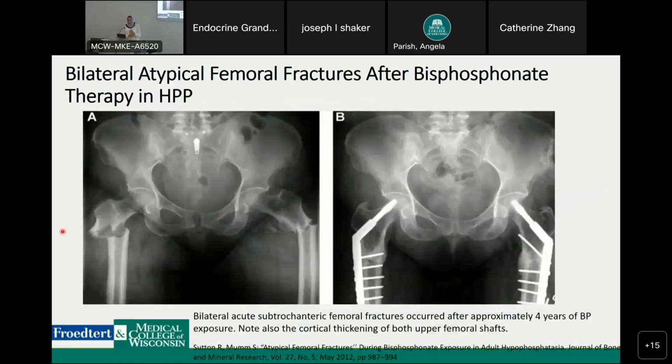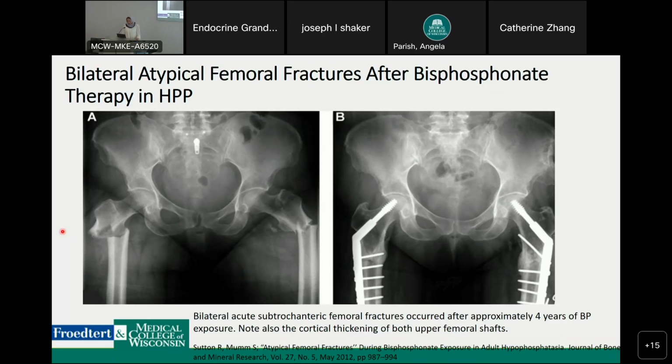So this is an example of a patient who had bilateral atypical fractures with bisphosphonate therapy. That was a 55-year-old woman who received 4 years of alendronate and then about 2 years of zoledronic acid for osteoporosis, and then she had bilateral femoral fractures.